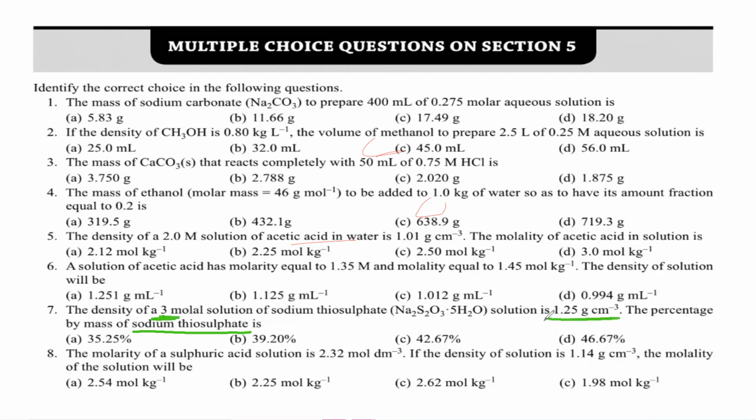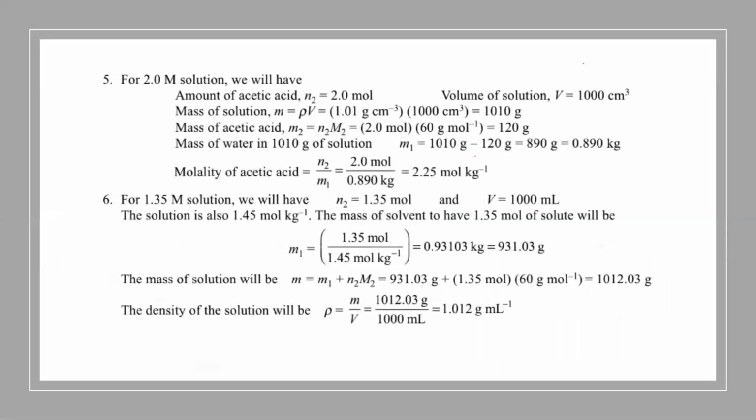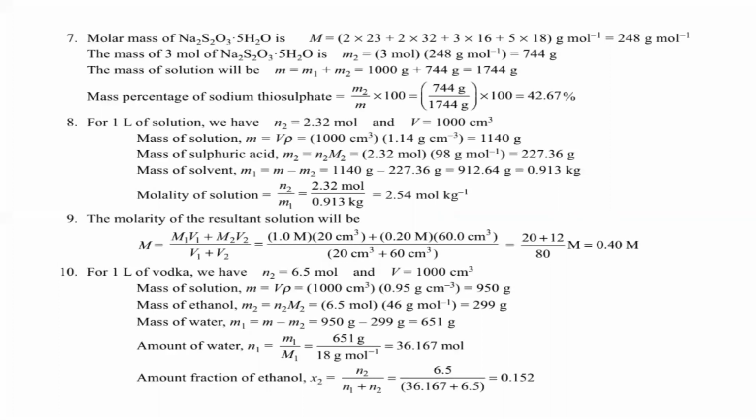Now see how we'll work out this problem. So question number 7. The molar mass of sodium thiosulfate is found based on the formula. We got it as 248 grams per mole, because sodium is 23, sulfur is 32, hydrogen is 1 and oxygen is 16.